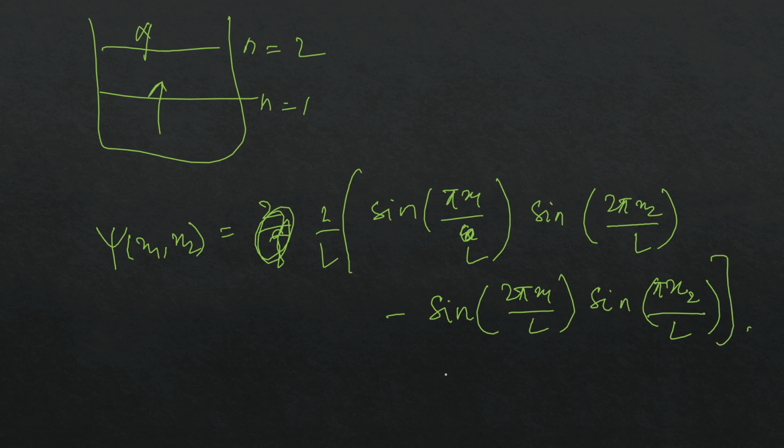So this minus sign is for what? It's for antisymmetry because these are fermions. Alright? That's it. Okay, next question.